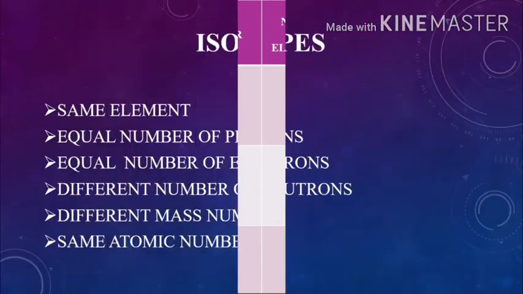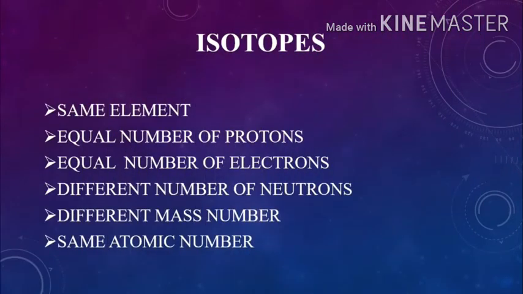So isotopes are atoms of the same element, with an equal number of protons, an equal number of electrons, a different number of neutrons, different mass numbers and the same atomic number.